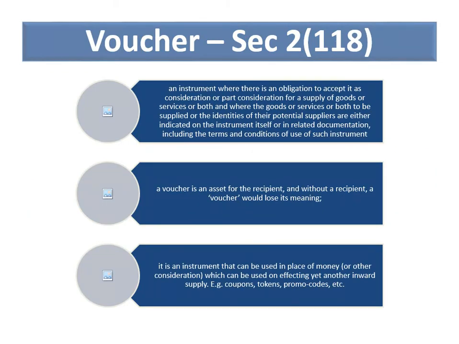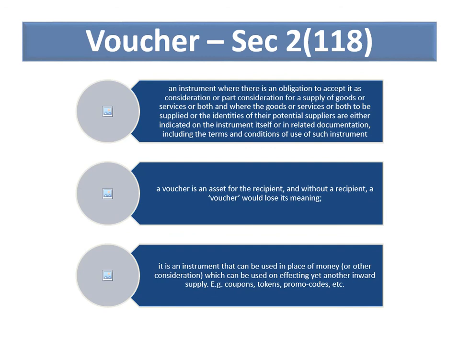The next we have to deal with is voucher. It's the second last definition. It's as simple as the way we understand it. Any instrument where there is an obligation to accept it as a consideration or a part of consideration for a supply of goods or service or both, and where the goods or service or both to be supplied or the identities of the potential supplier are either indicated on the instrument itself or in related documentation, including the terms and conditions of use of such instrument.